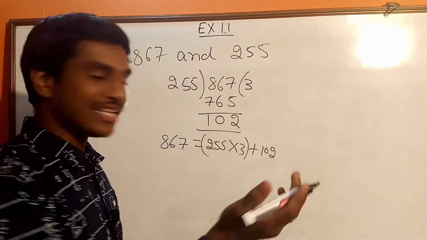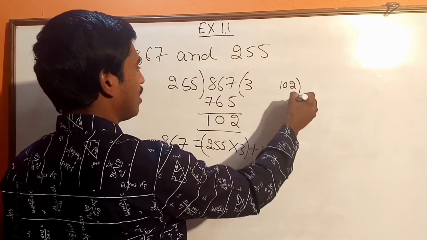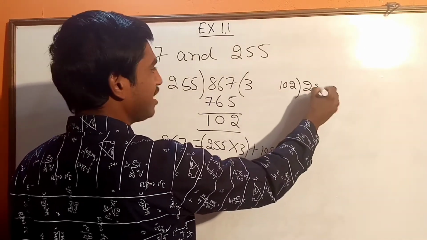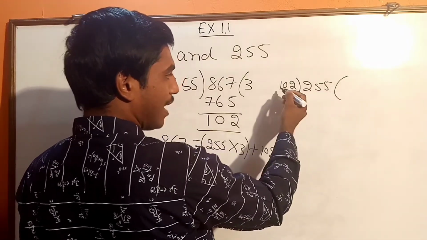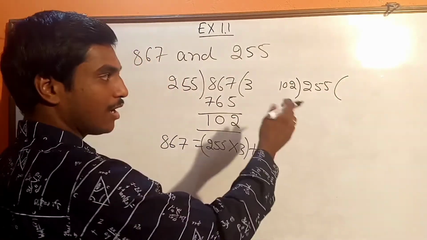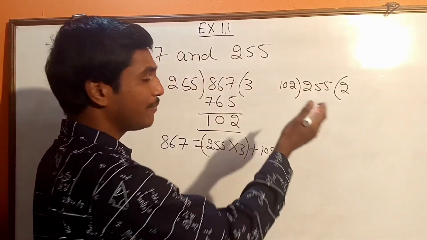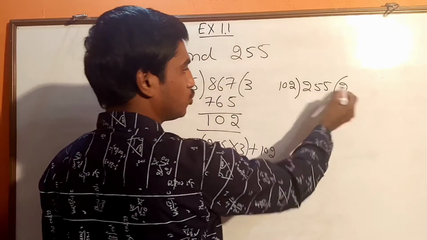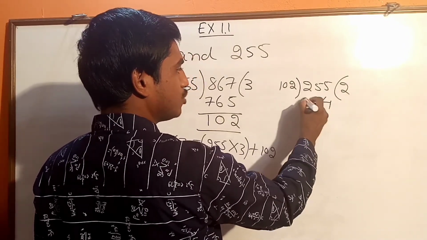So in the next step, 102 will be the divisor and 255 is the dividend. So 102 into 3 will be greater than 255, so we take 2. 2 into 2 is 4. 2 into 0 is 0. 2 into 1 is 2.